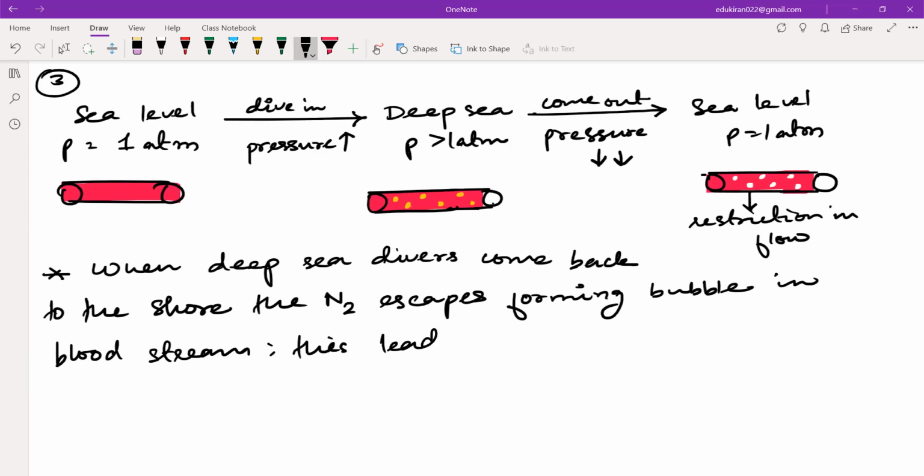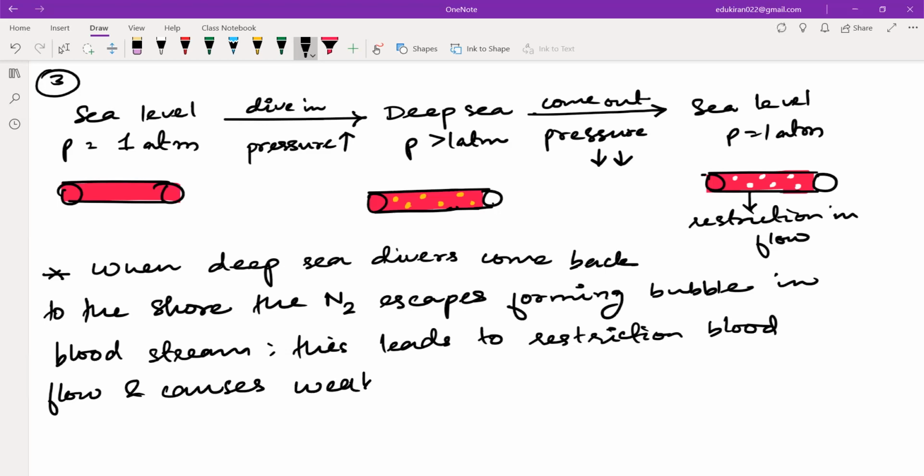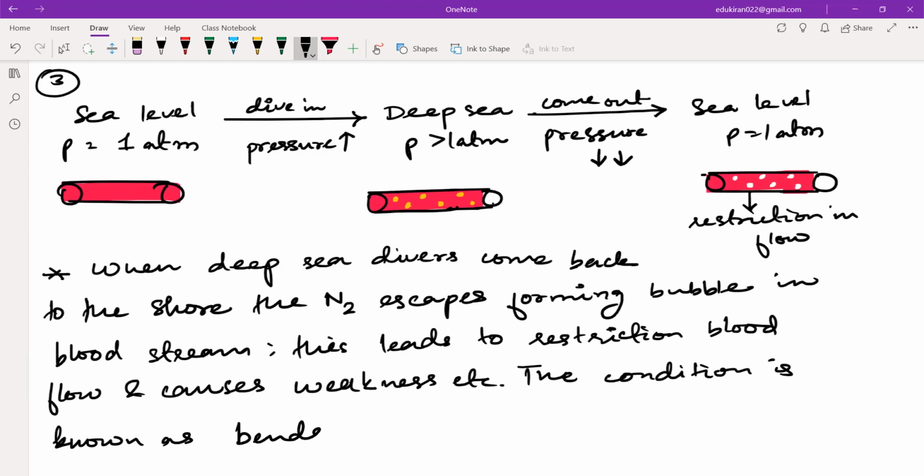This leads to restriction in blood flow and causes weakness, etc. The condition is known as बेंड्स. ठीक है, कंडीशन को क्या कहते हैं? बेंड्स कहते हैं. राइट दिस डाउन.